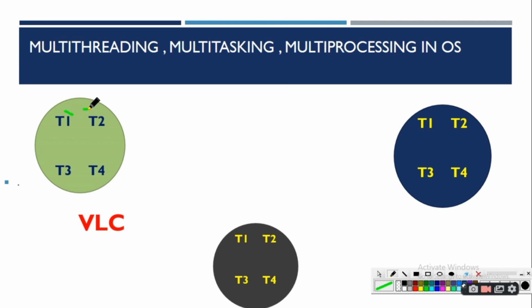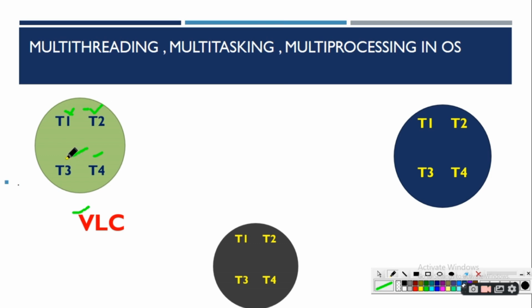As you can see on screen, there are basically three processes running at the same time: VLC media player, one editor and a browser. Let's take an example of VLC media player.